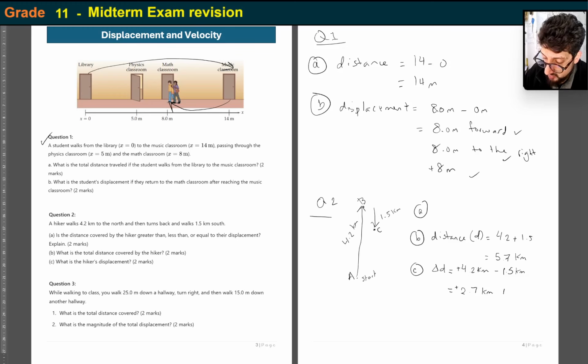Or if you want to, you can say 2.7 kilometers north.